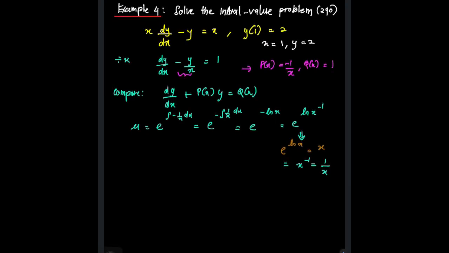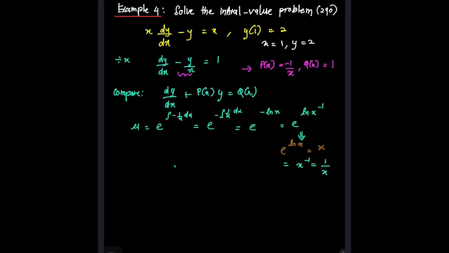Then multiply both sides with mu. So you will have 1 over x dy over dx plus 1 over x times y.